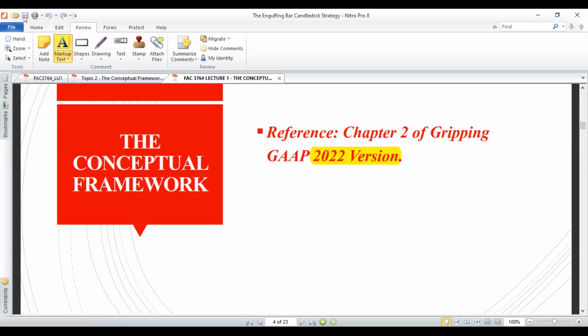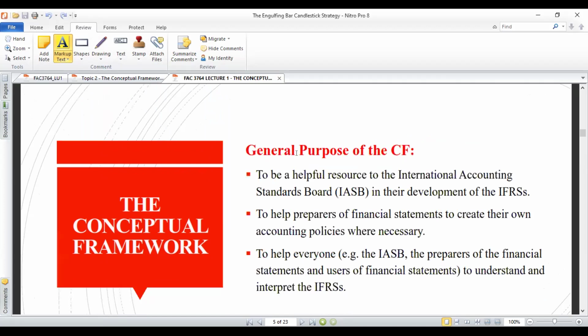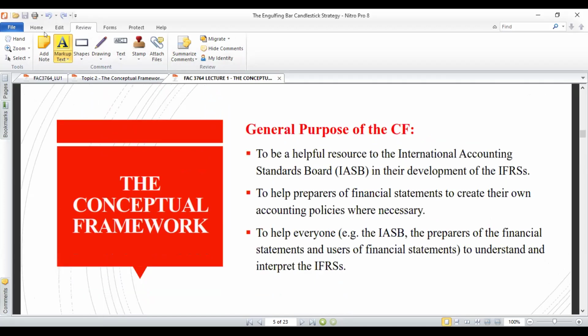I've not looked into that one yet, the one for this current academic year, as to whether it is chapter 2 or maybe they have changed the chapter structures. But for the purposes of the notes that I structured for you, it's actually chapter 2 of your 2022 Gripping GAAP textbook. I have that version. It doesn't change that much, by the way.